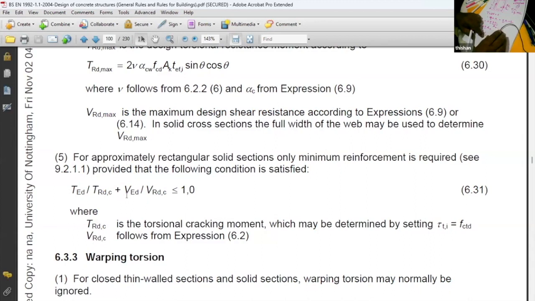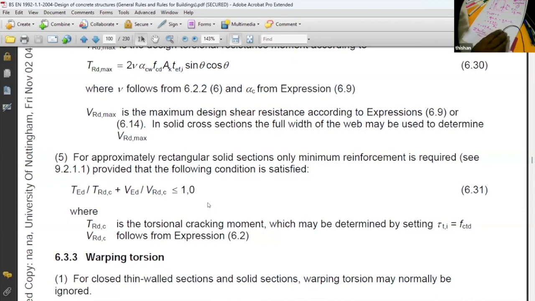Most of the structures, when you analyze three-dimensionally, the torsional moment is close to zero. So if the torsional moment is close to zero, you don't need special treatment for torsion. So that's the meaning of this particular equation. And our usual practice is we don't worry about torsion.